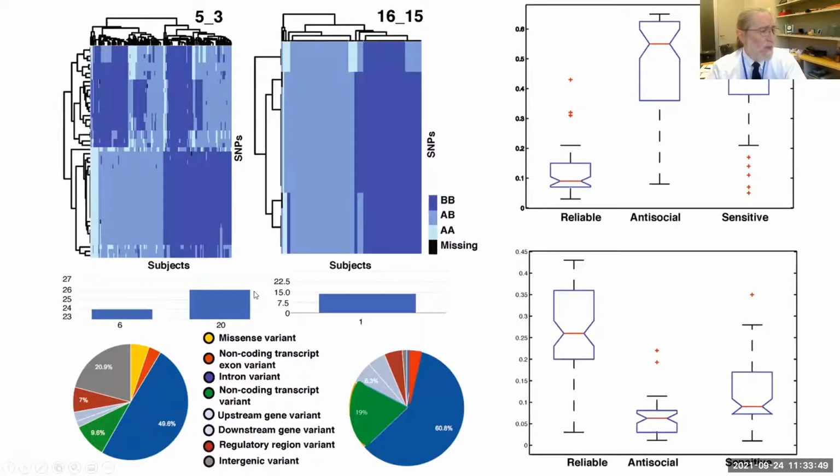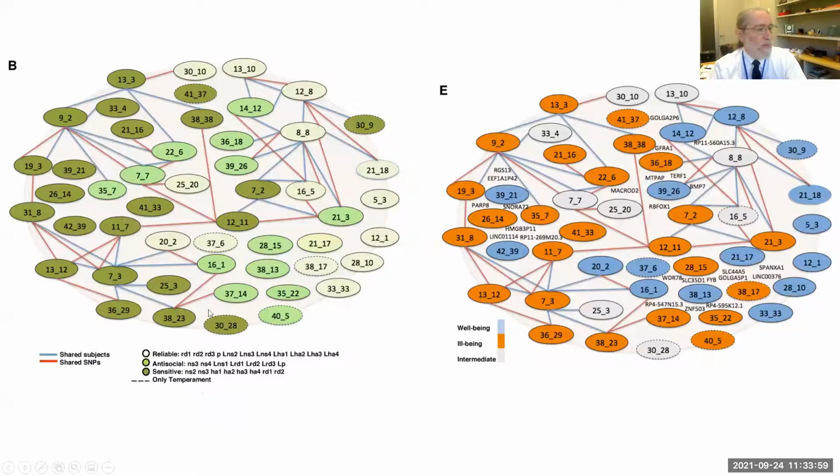Then we identified the functional roles of the variants that predict belonging to one of these specific temperament classes. And again, we were able to identify groups of individuals that form relatively disjoint networks, although not quite as disjoint as in the case of disease, as you would expect, because it's the more common feature.